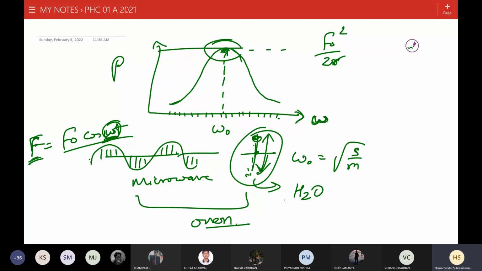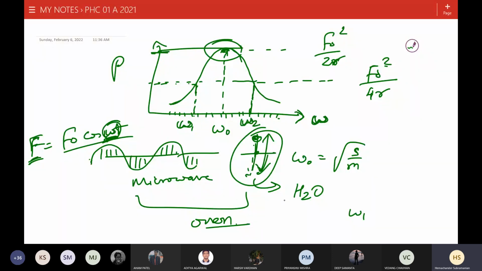Now, what is the bandwidth? The bandwidth is defined like this. This is maximal power. You take half of that maximal power, which is F naught square over 4R, and then you drop down these lines from the intersection point to the x-axis. So this is omega 1, and this is omega 2.